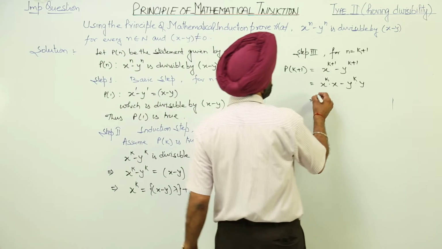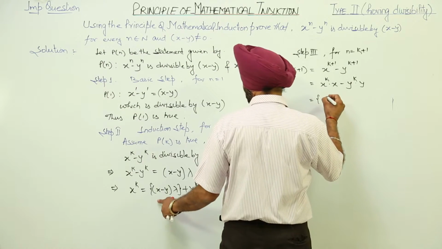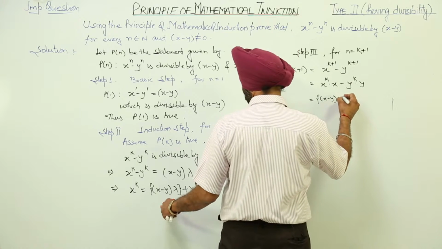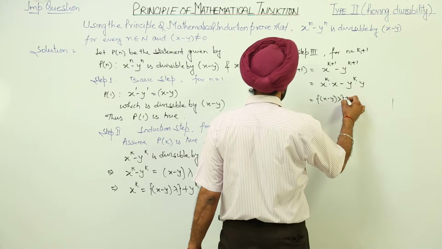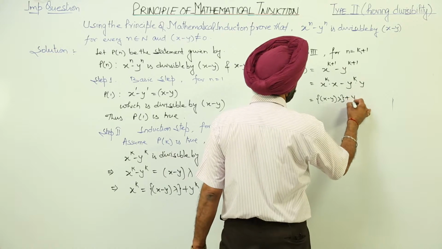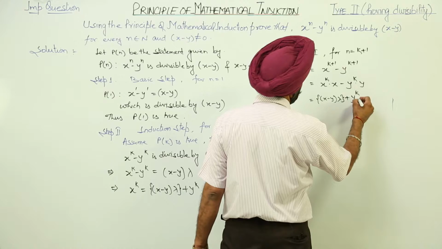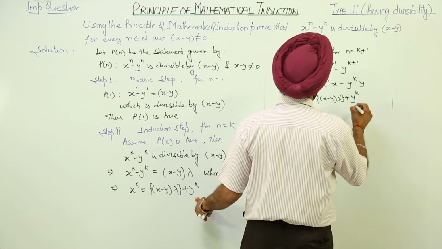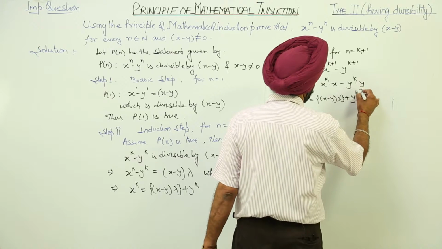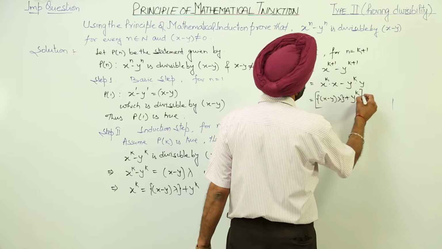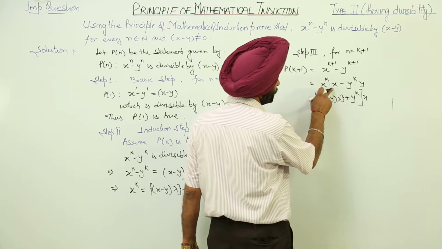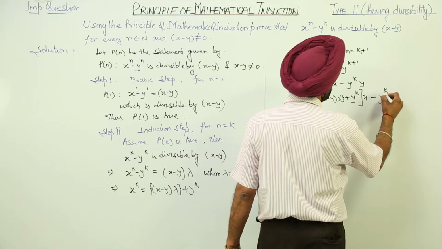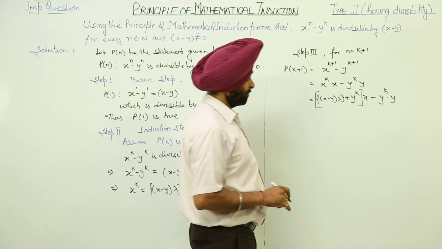So this becomes x minus y with lambda plus y raised to power k, this whole with x, minus y raised to power k with y.